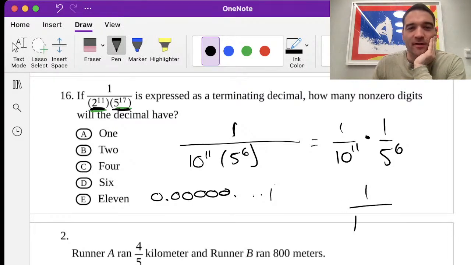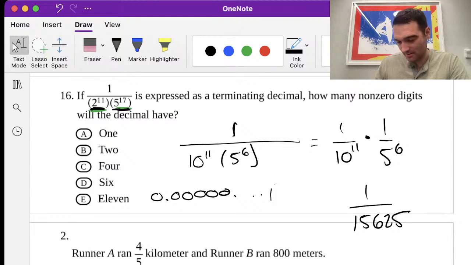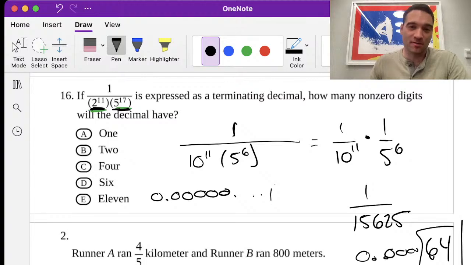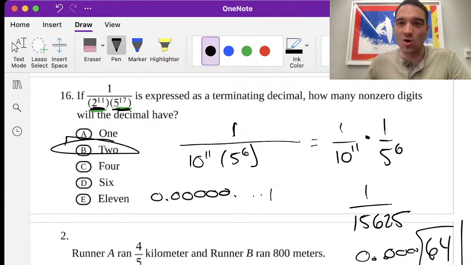So 1 over 15,625, which we can type into our calculator, comes out to what? I got 0.000, so a few more zeros, and then 0.64, or 0.00000064. These are the digits that we're interested in. So there are two non-zero digits in this number once we write it all out.